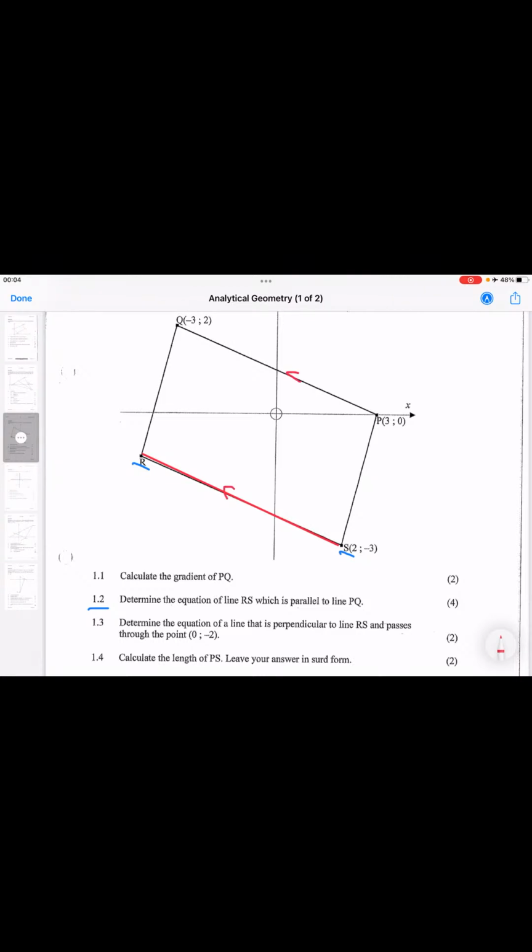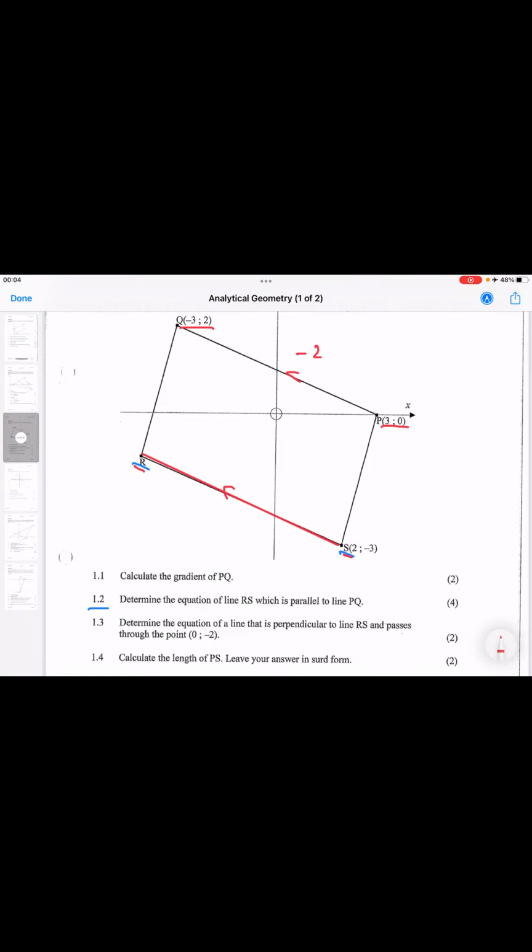And we know something about parallel lines. So that means the gradient of line PQ is equal to the gradient of line RS. Let's say as an example, we got -2 as the gradient of PQ.